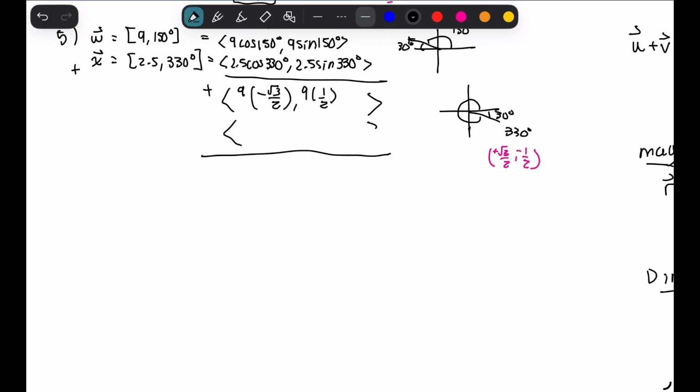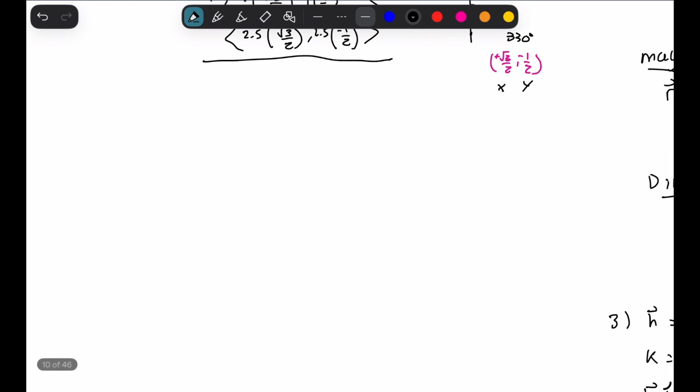And then here you're going to have cosine, you're going to have 2.5 times your x value, root 3 over 2, and then 2.5 times your y value, negative 1/2. If you simplify this, this is going to be negative 9 root 3 over 2, and then 9 over 2.